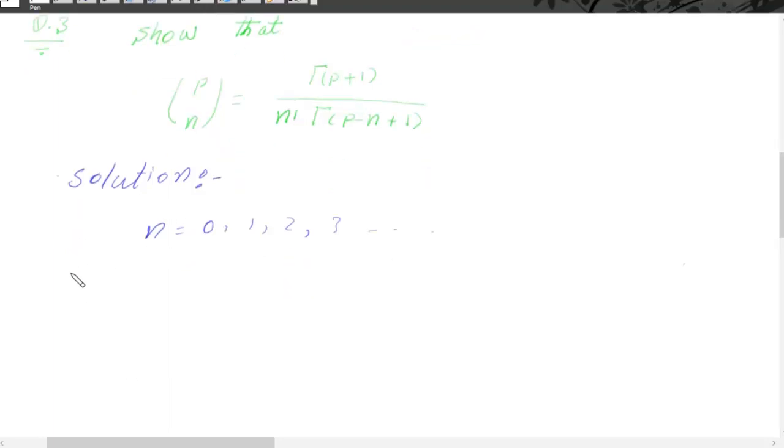Now when n is 0, we take this combination of p and 0, and this is equal to 1.